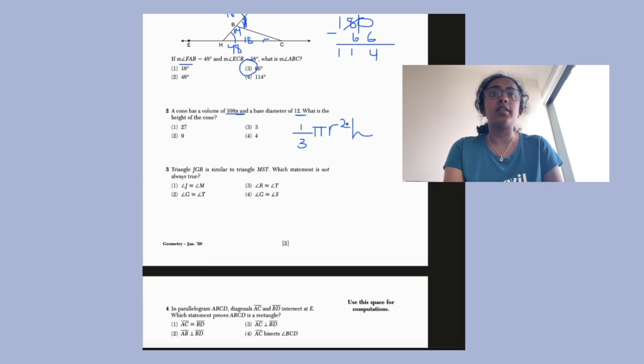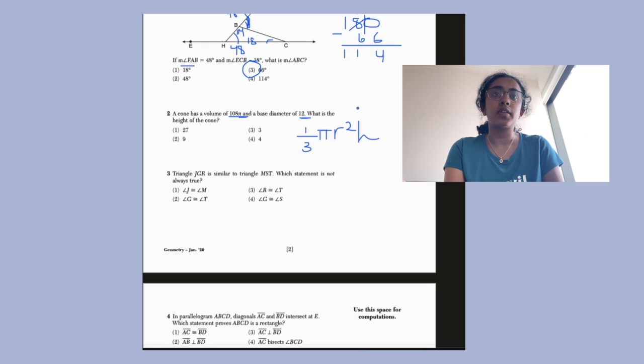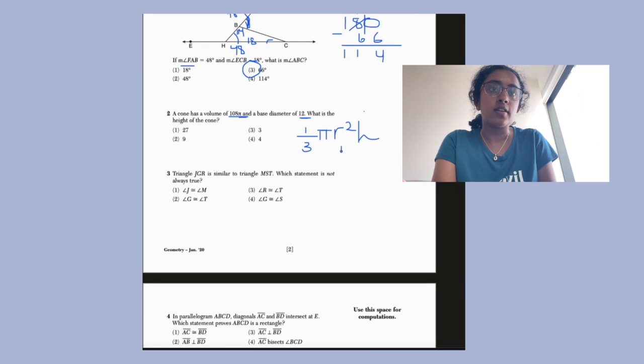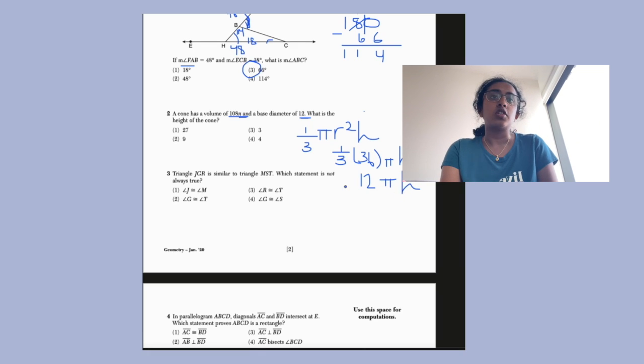So the base diameter is 12, which means that the radius is 6. So it is 1/3 times 36 times pi times the height. And so we would have 12 pi h. 12 times 9 is 108. So the height would just be 9.